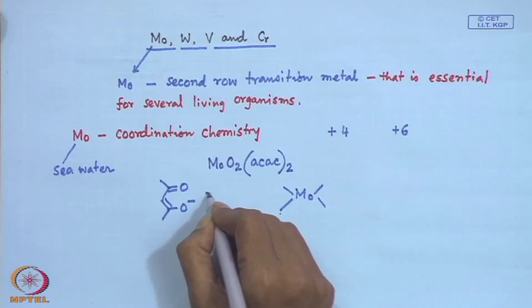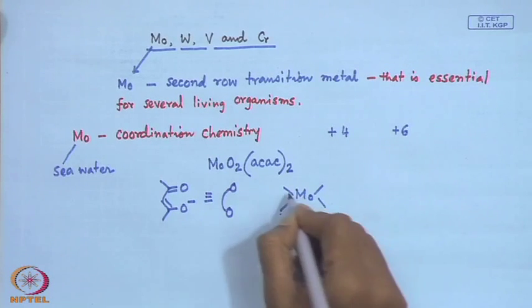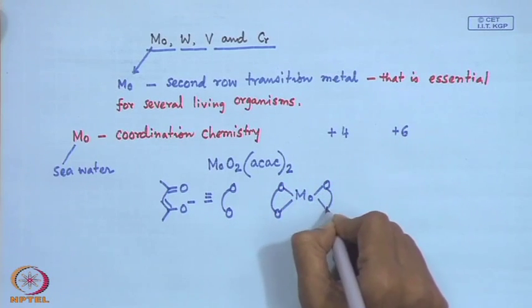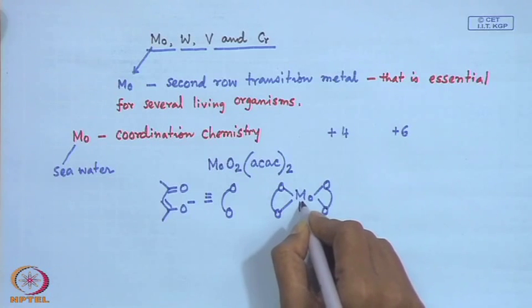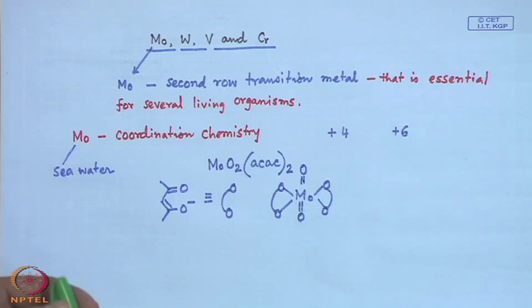This is basically an O donor ligand, which will bind through this OO and that OO, and you have the corresponding dioxo compound.